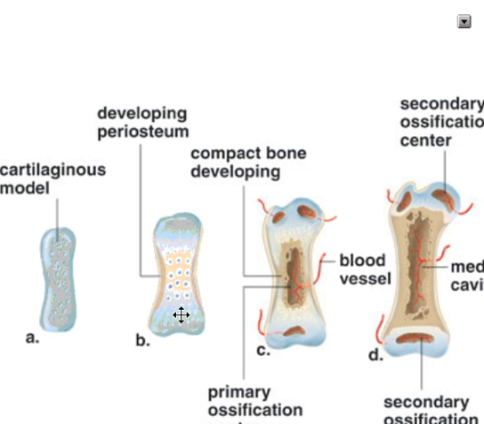First step of the formation of bone is you start actually having a breakdown in the diaphysis and the periosteum starts to form and develop. Osteoblasts are going to start laying down spongy bone. This is called primary ossification.